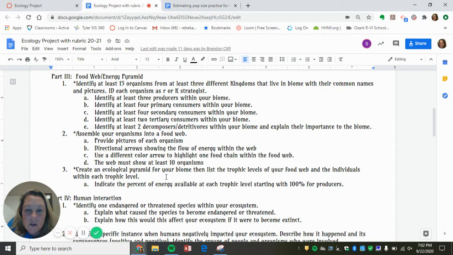Anyway, and you can follow the directions here. List the trophic levels and the individuals within each trophic level. Indicate the percent of energy available at each trophic level, starting with 100% at the bottom. And so that's what you're supposed to do for part 3.